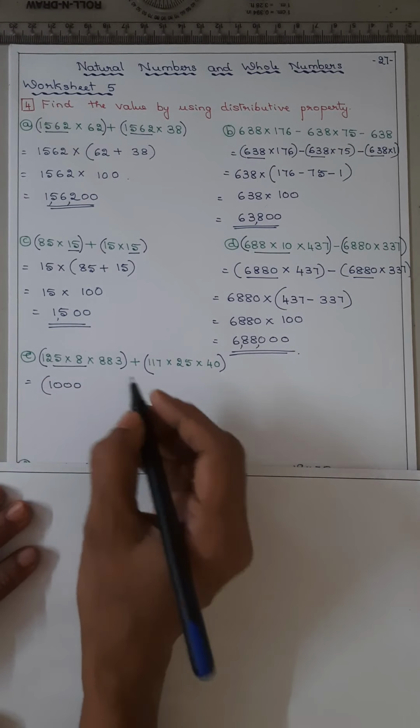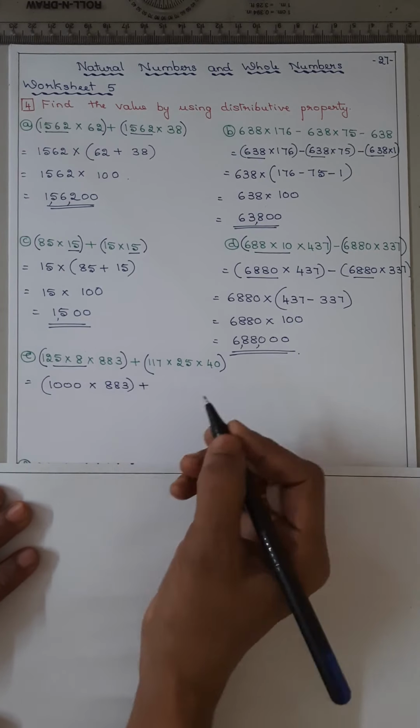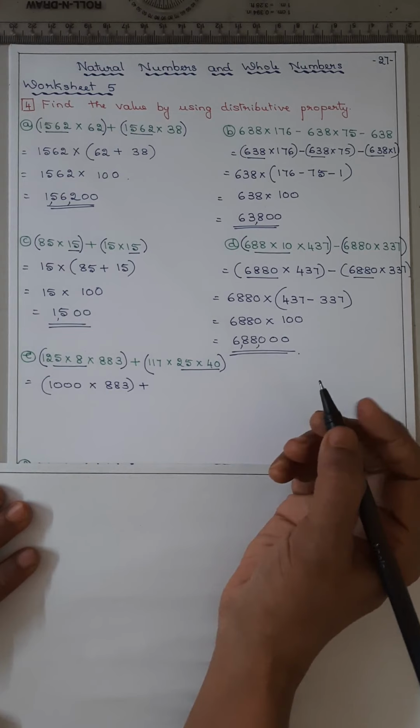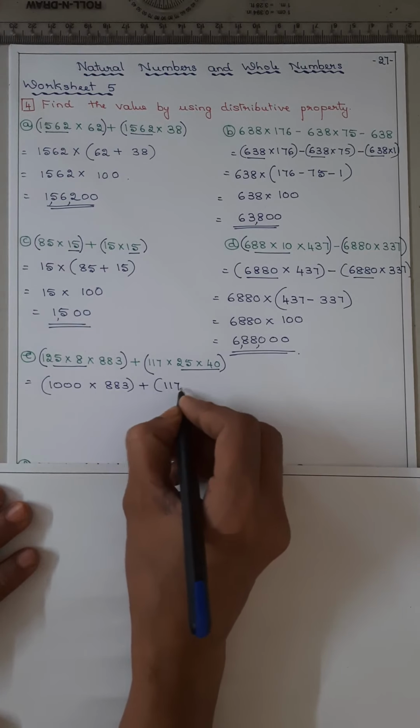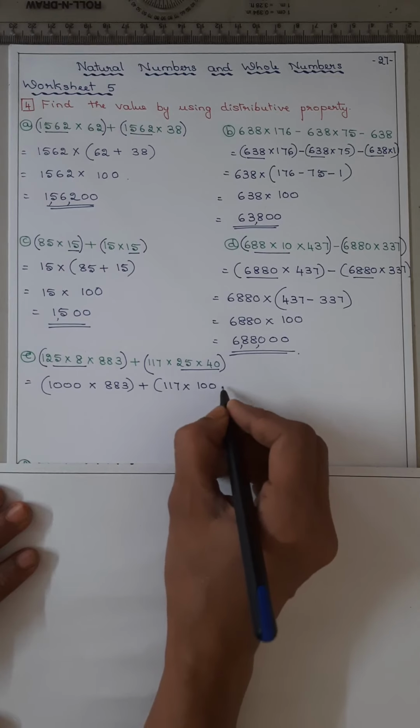Already you know. Into 883 plus 25 into 40. 117 into 25 fours are 100 और एक 0.